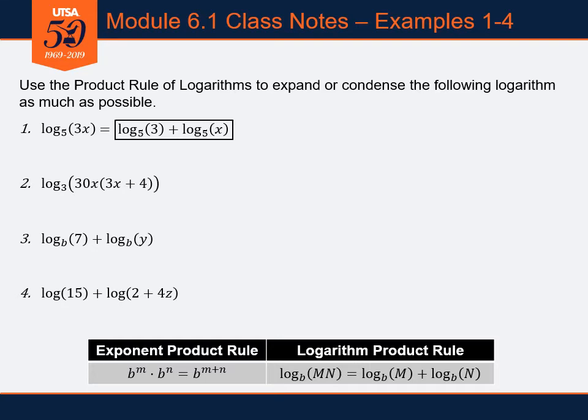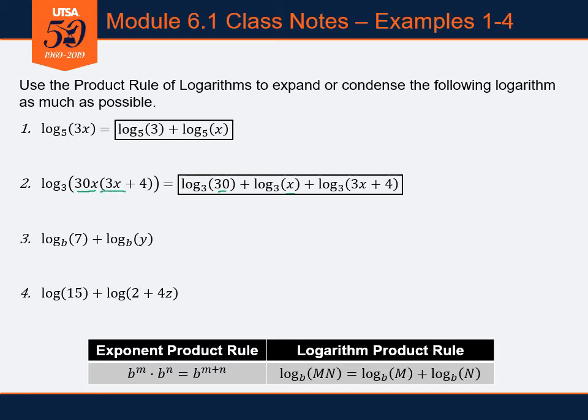Similarly, in question 2, I've got log base 3 of 30x times 3x plus 4. Take a look at how I split this one up into actually 3 separate logarithms, because I've got 30 times x, which splits up into log of 30 plus log of x, and then another multiplication times 3x plus 4, so that I've got another sum of a separate logarithm, log base 3 of 3x plus 4.